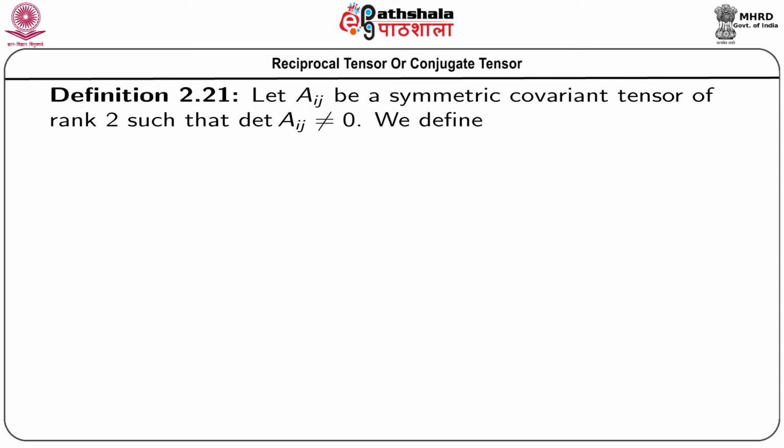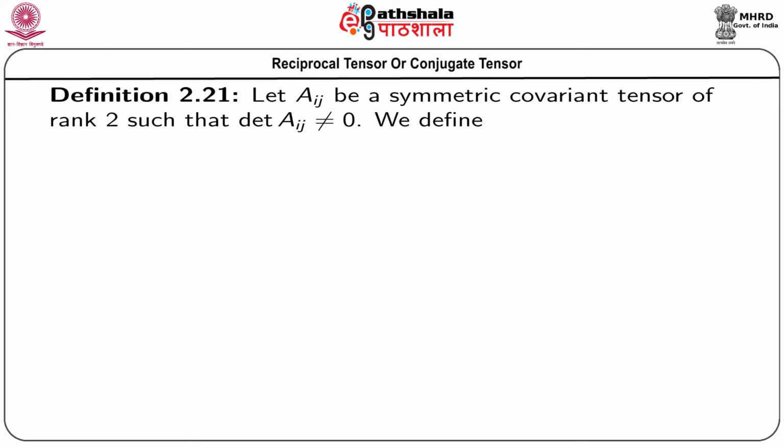Now, we define the reciprocal tensor or conjugate tensor of a symmetric tensor of type 0, 2, that is a tensor of type Aij, where Aij is a symmetric covariant tensor of rank 2, such that the determinant of Aij is not equal to 0.